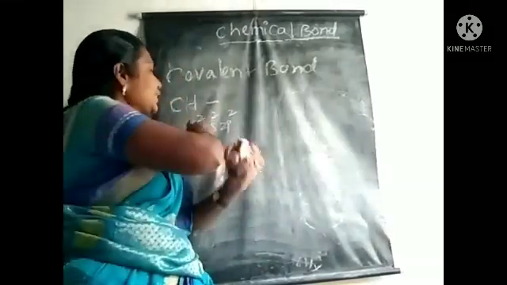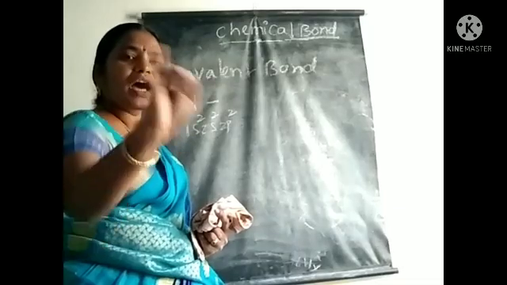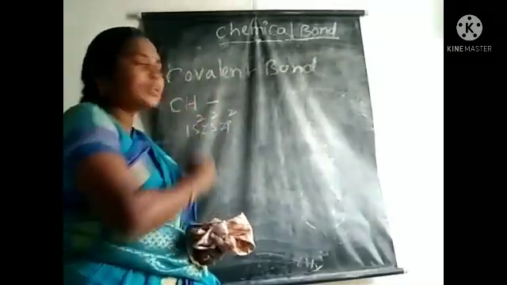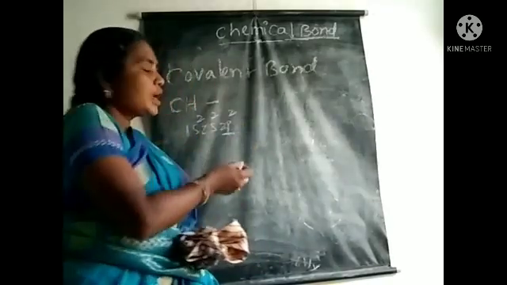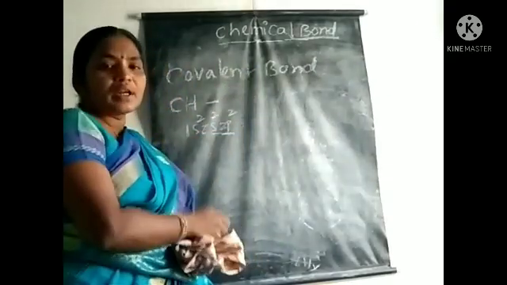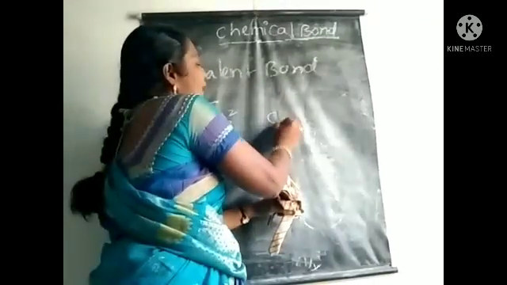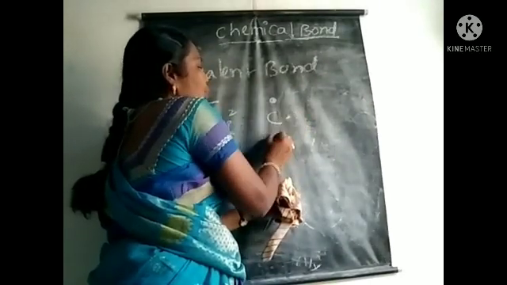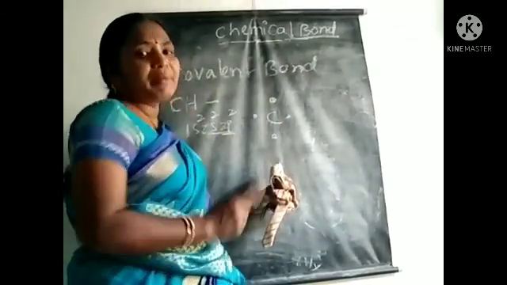Let us check: hydrogen, helium, lithium, beryllium, boron, carbon. 6 electrons are present in carbon. In the outermost shell of carbon there are 4 electrons: 1, 2, 3, 4.